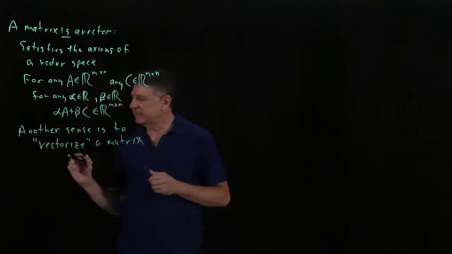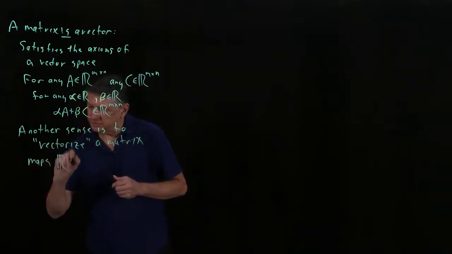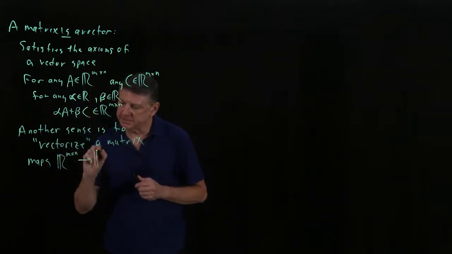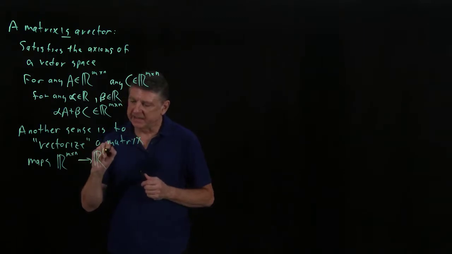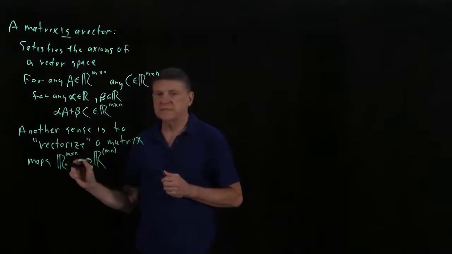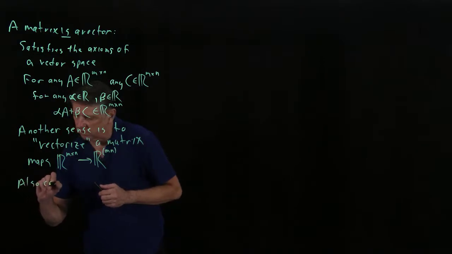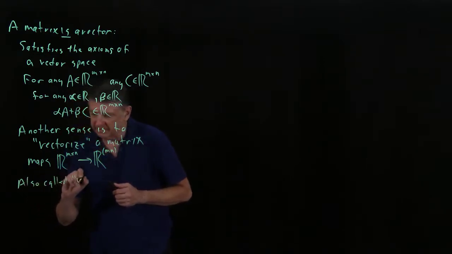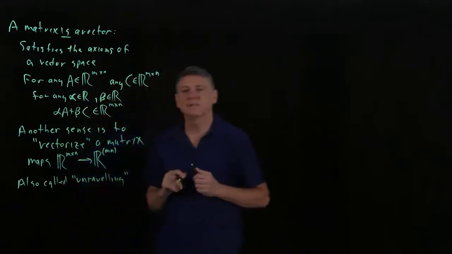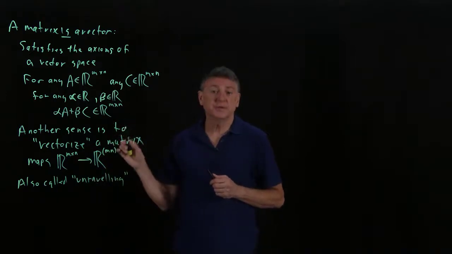What this does is map a matrix which has m rows and n columns to a vector that has m times n entries. This is also called unraveling a matrix.